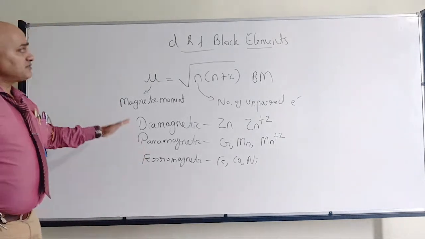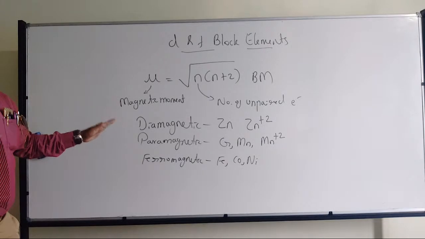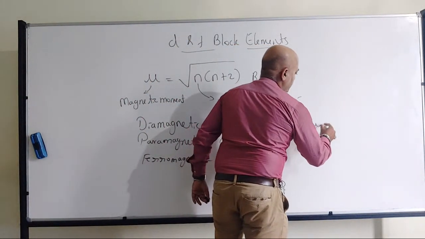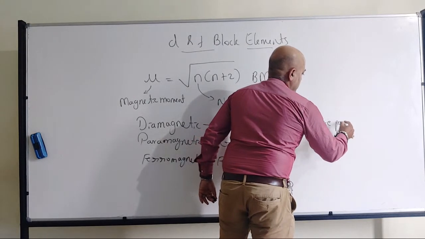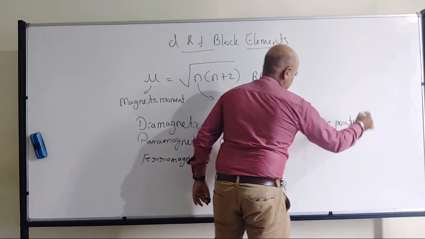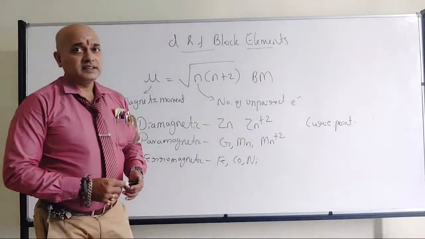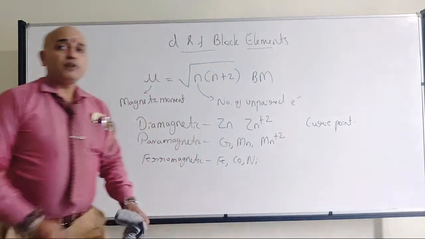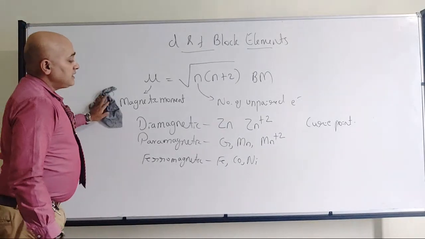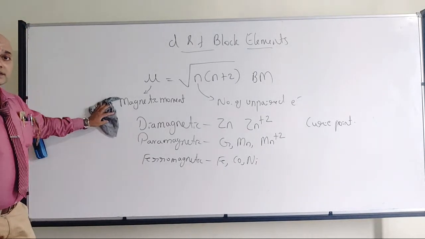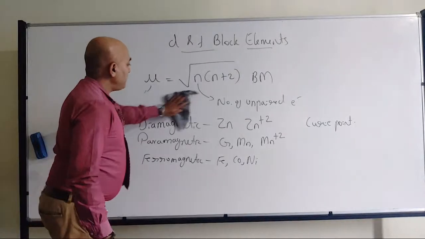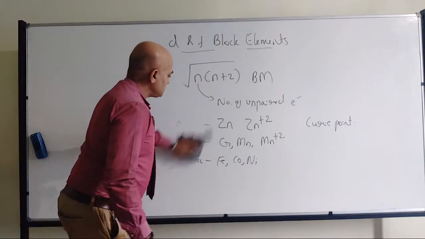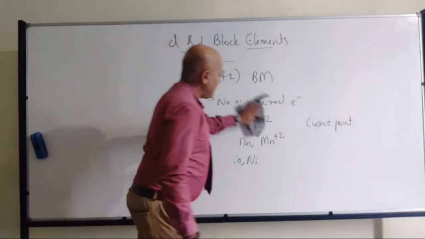Okay, so that's what we discussed in the last class. Along with that, we discussed the Curie point. Anyway, you people have discussed these things in your physics. That means at one particular temperature, the Curie point, a ferromagnetic substance will become a paramagnetic substance.